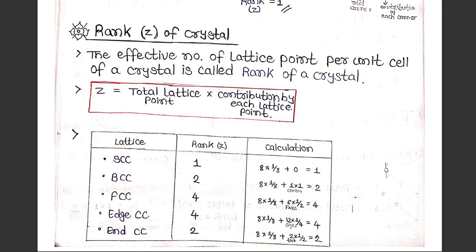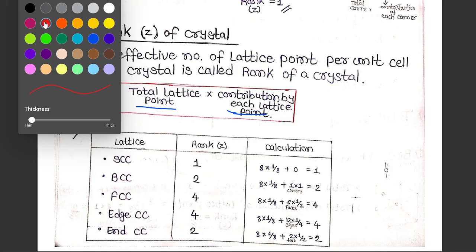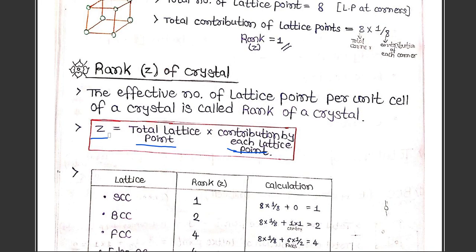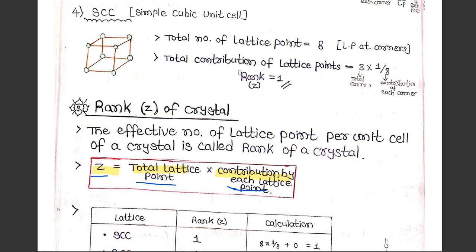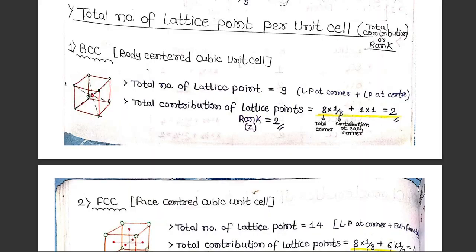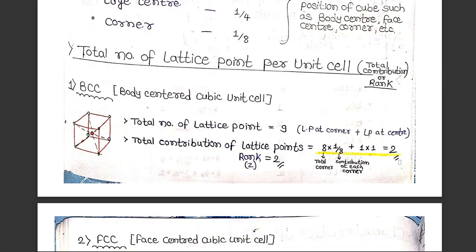The formula of rank is depicted by Z, and Z is equal to total lattice points into contribution by each lattice point. So let us come to the different unit cells and find their rank.